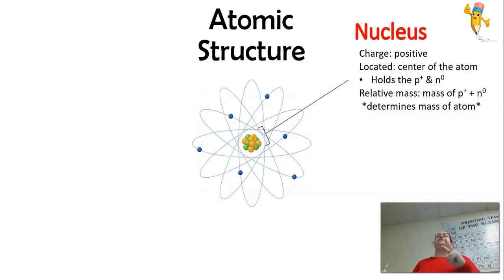If you have 2 protons, you will make helium. That helium could be helium-4 because you could have 2 protons and 2 neutrons. You could have helium-3 because you could have 2 protons and a neutron. However, if I change that number of protons to 3, my atom is now changed, and I have lithium because lithium has 3 protons. The number of protons is what's going to determine your element.